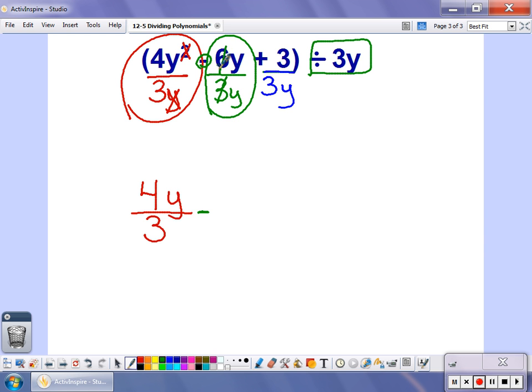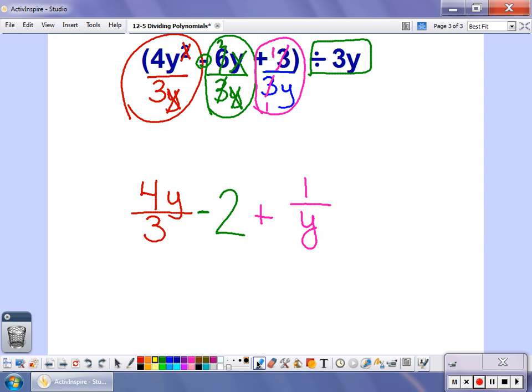Both of those have a factor of 3, so I'm going to take it out and be left with just a 2. 1y on the top and 1y on the bottom cancel out, so in the middle, all I have left is just a 2. And then finally, for this last term, it's got a plus there. My 3's will cancel out, give me just 1's, but I still have this y on the bottom. So it's going to be 1 over y.